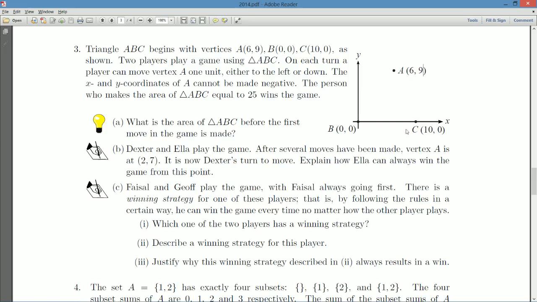So if Faisal goes first, he starts with an odd number being the sum of the coordinates, and he ends with an even number being the sum of the coordinates. And then Jeff starts with an even number being the sum of the x and y coordinates of A, and he hands Faisal off with an odd sum for the coordinates again.